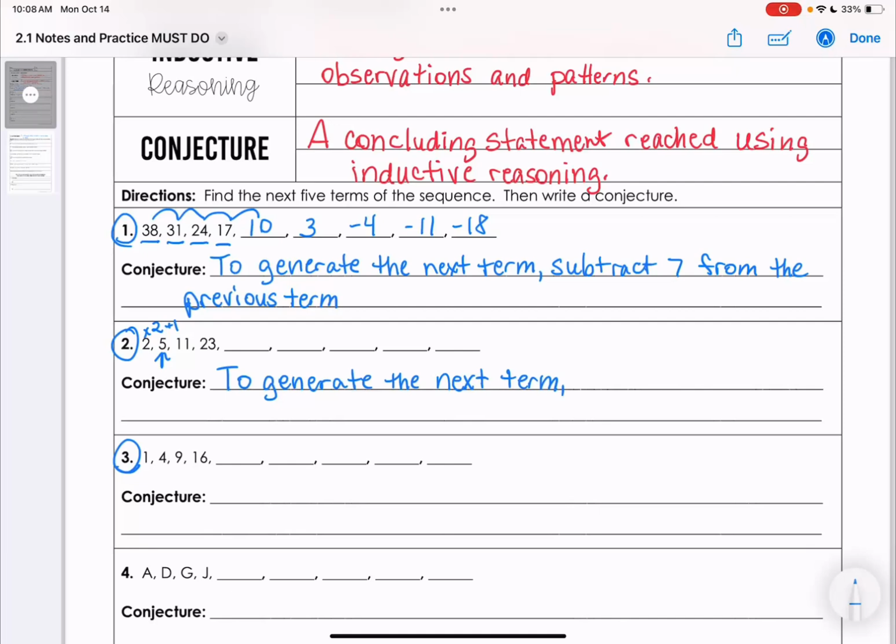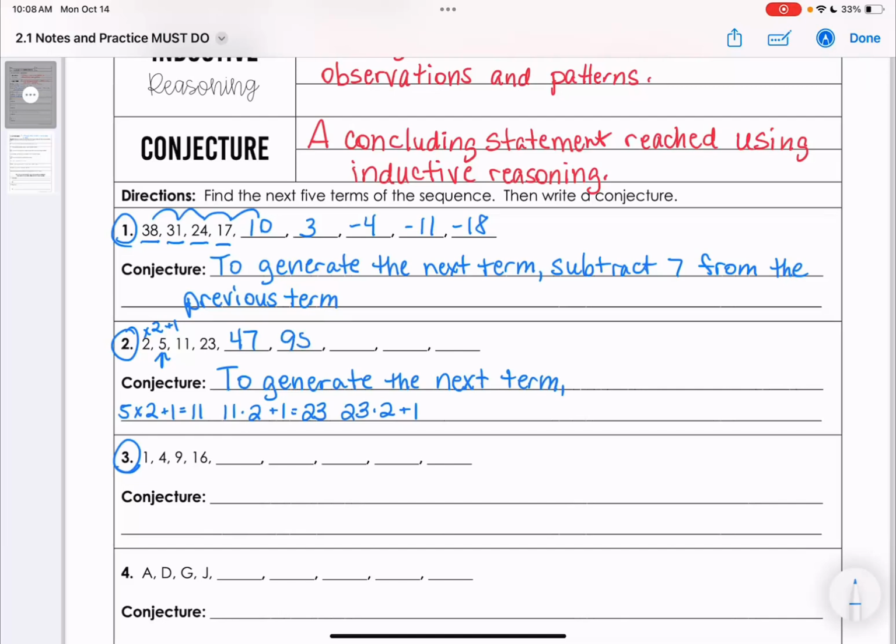Take 5 times 2 and add 1 and we get 11. 11 times 2 is 22 plus 1 equals 23. So then 23 times 2 is 46 plus 1 gives me 47.